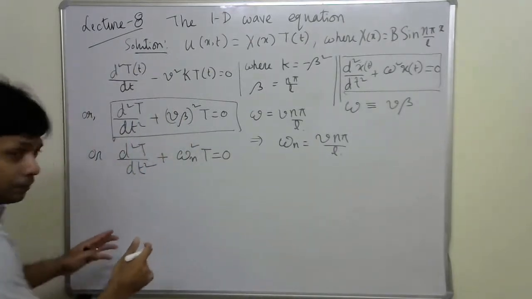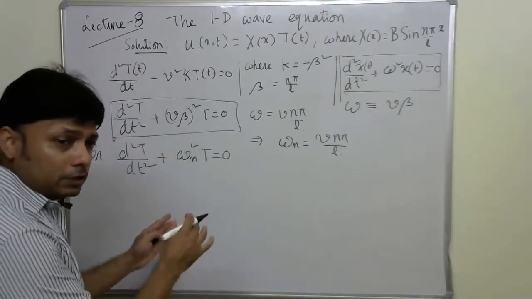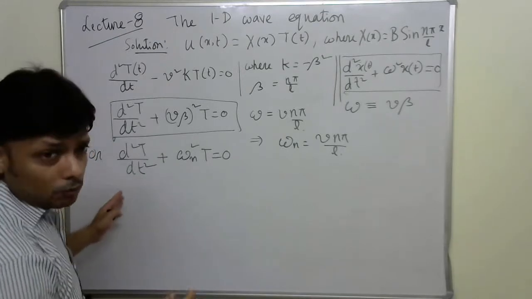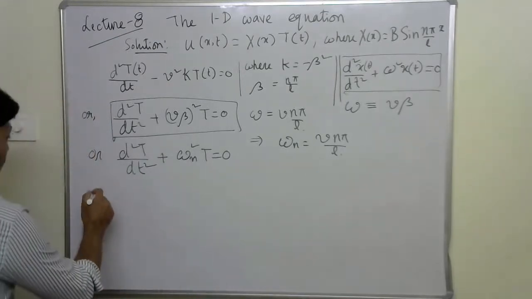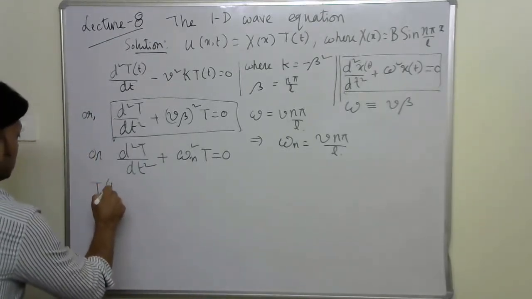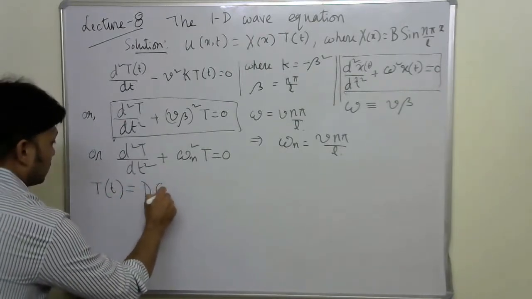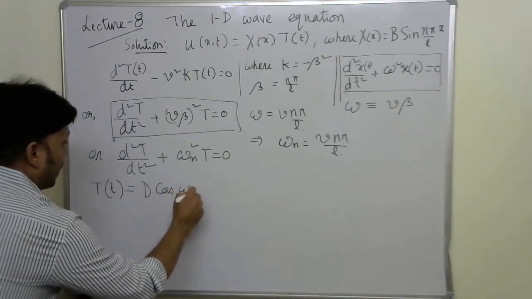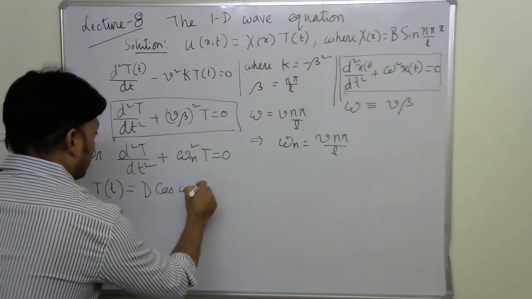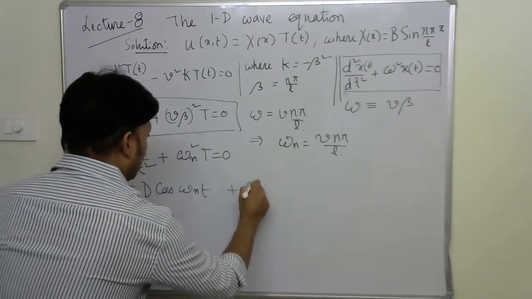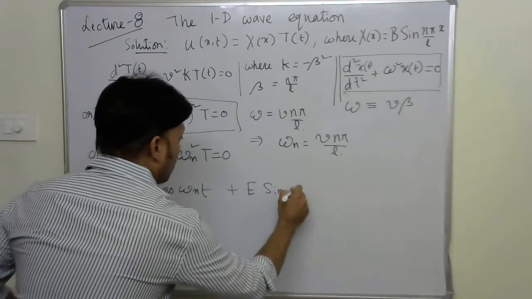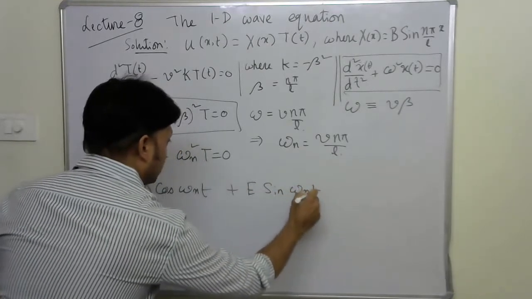So here from our previous knowledge of how to solve a differential equation like this, we can directly write the solution: T is equal to D cos omega n t plus E sine omega n t.